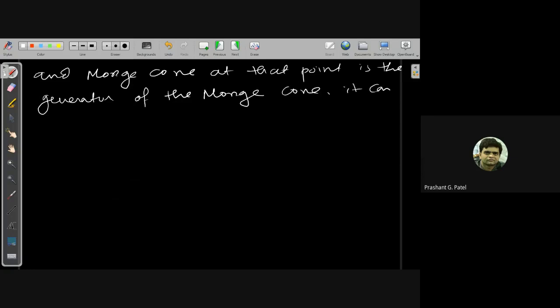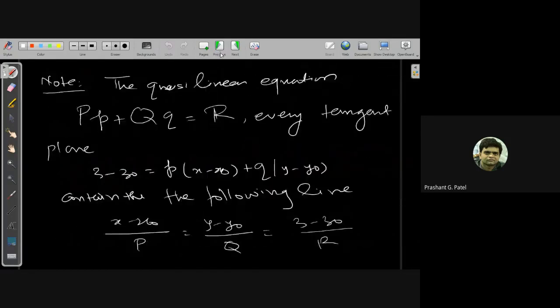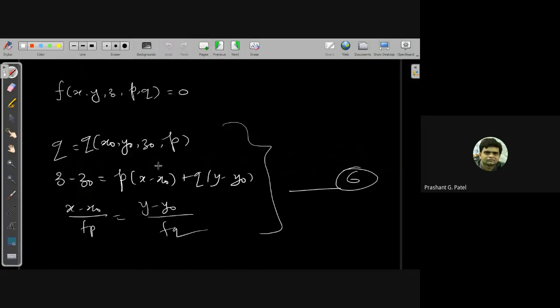And it can be written from equation number 6, which we have written in this form: x minus x0 upon fp equals y minus y0 upon fq equals z minus z0 upon p fp plus q fq. So you can just see that it is equal to k.